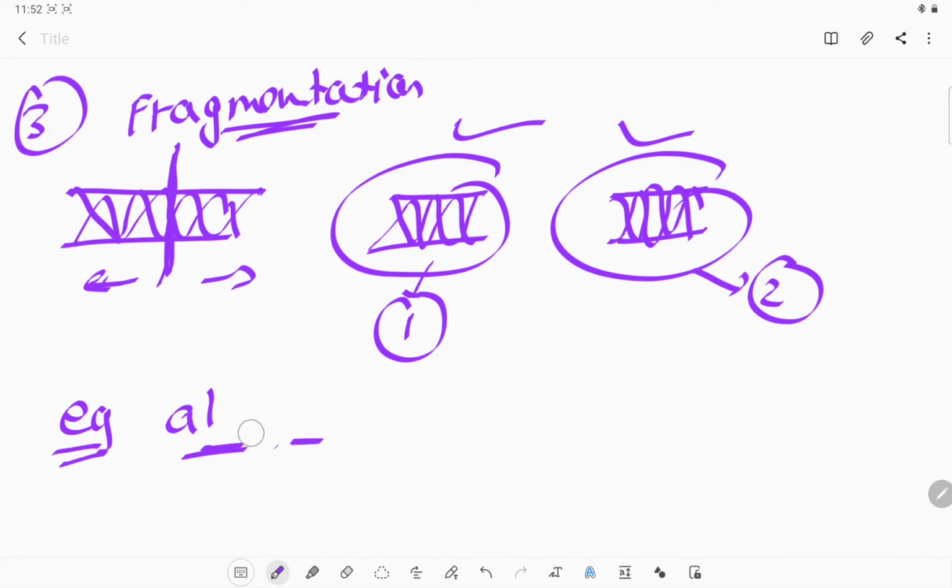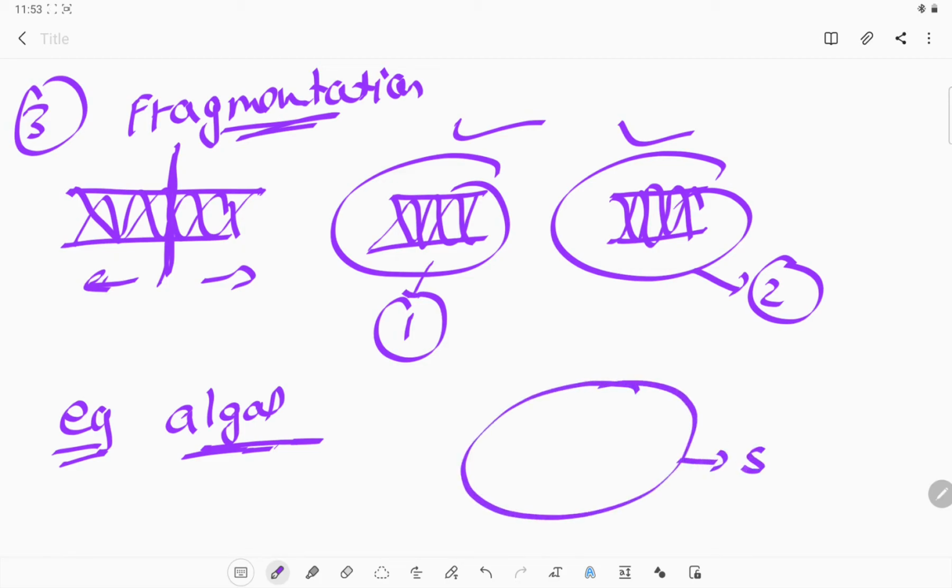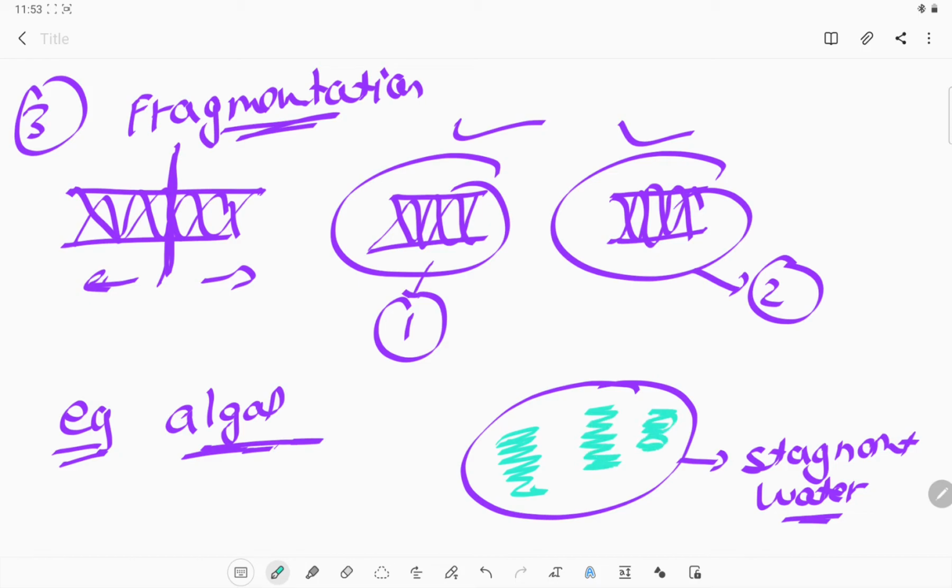Normally you must have seen algae in a pond or any stagnant water, the place where the water is not moving and has been stopped for a very long time. In that water you have seen green patches floating over the water. That green patch is the algae.